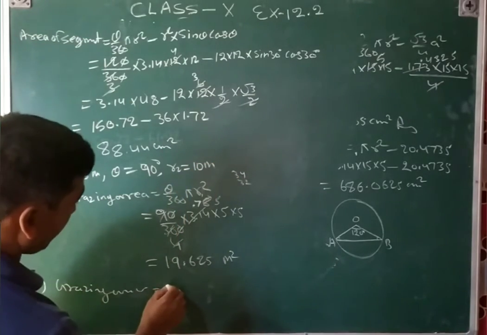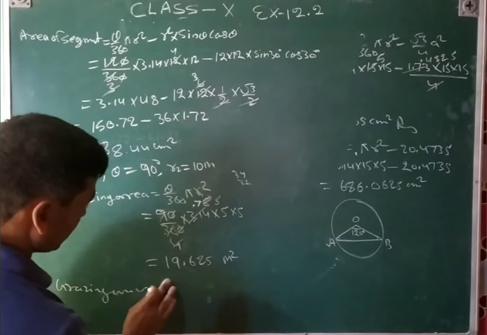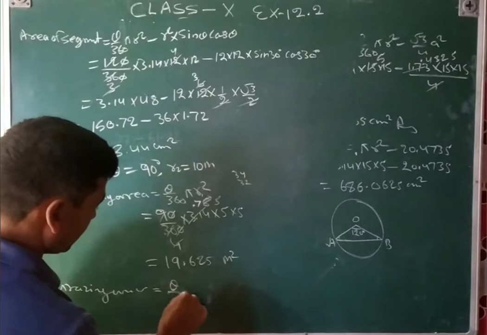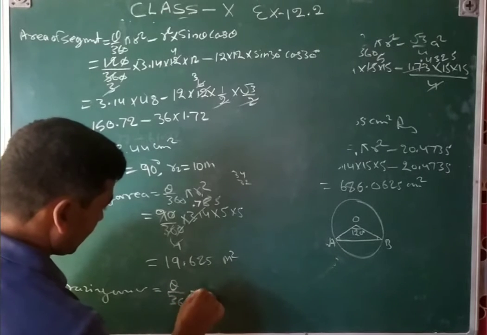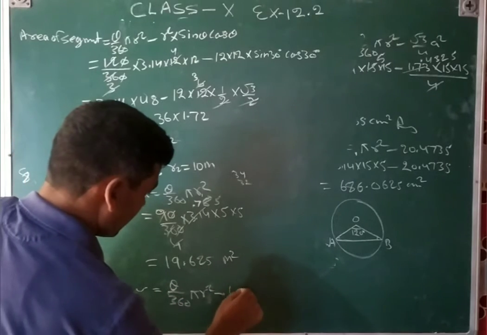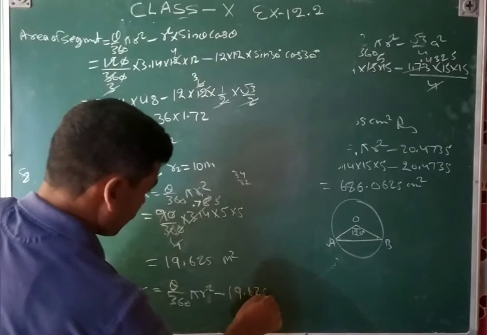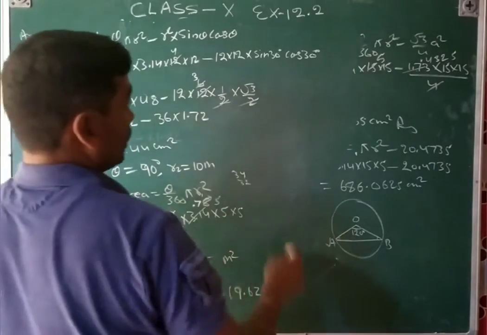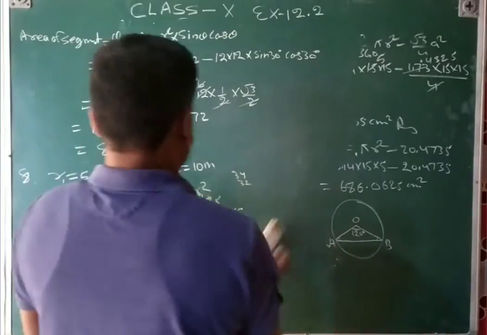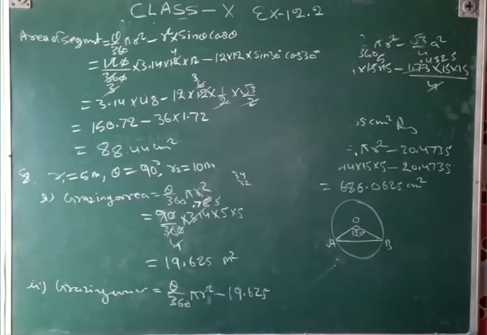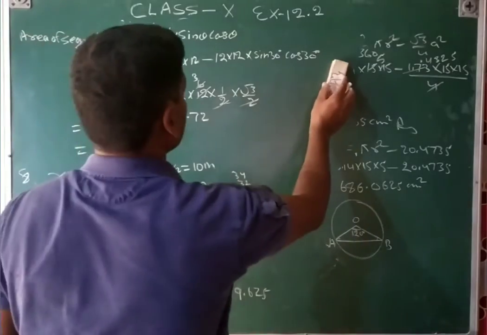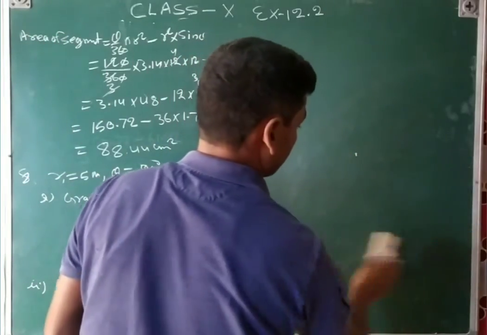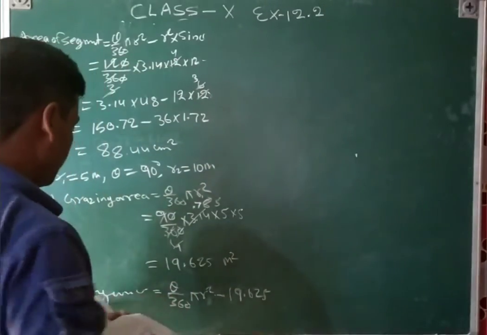Now theta upon 360 pi r square minus that one, 19.625, and the 360 value is given here.